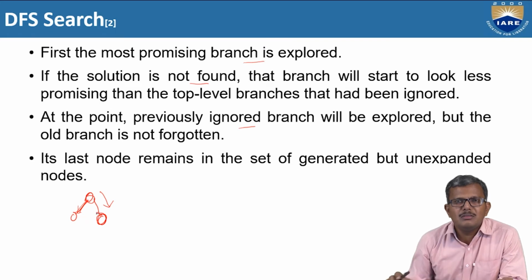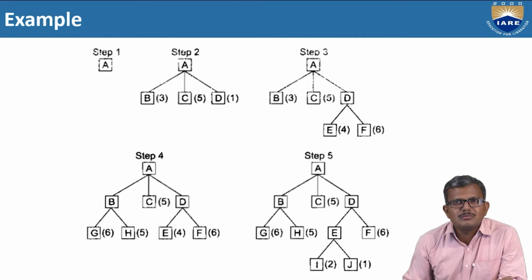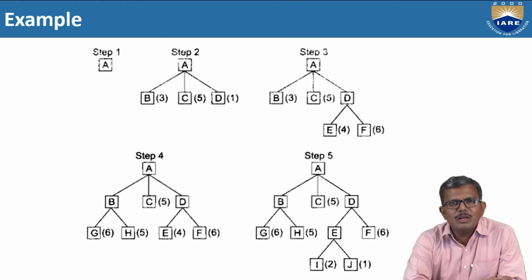When this kind of approach is followed, definitely we can guarantee that at some point we are going to reach the goal state. So this example will make the entire explanation very clear. This example shows how depth first search and breadth first search are simultaneously implemented in the best first search technique.